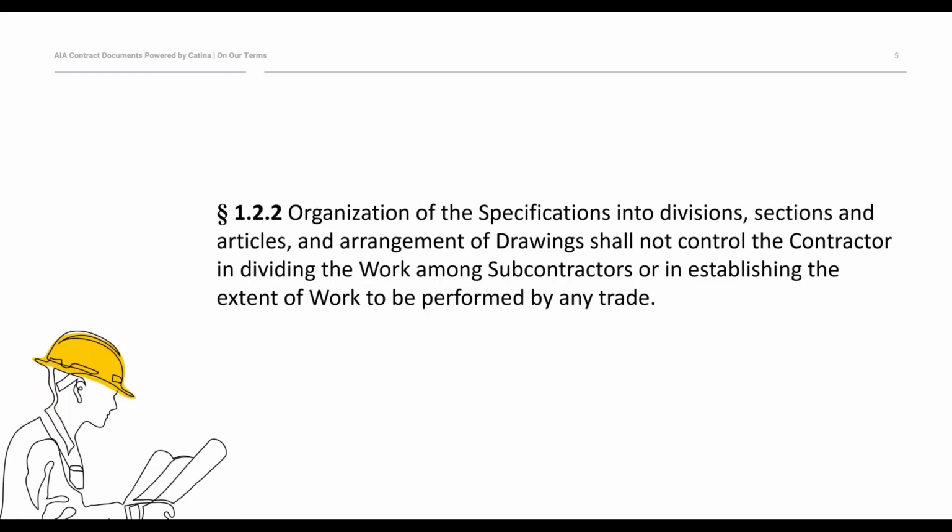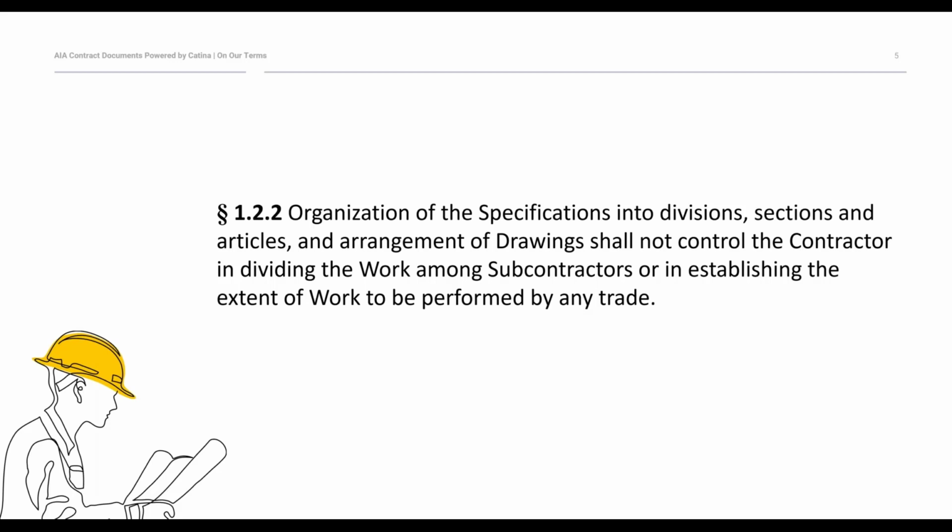The A201 has another important clarification with regard to specifications at section 1.2.2. That section states that organization of the specifications into divisions, sections, and articles, and arrangement of the drawings shall not control the contractor in dividing the work amongst subcontractors or in establishing the extent of the work to be performed by any trade.